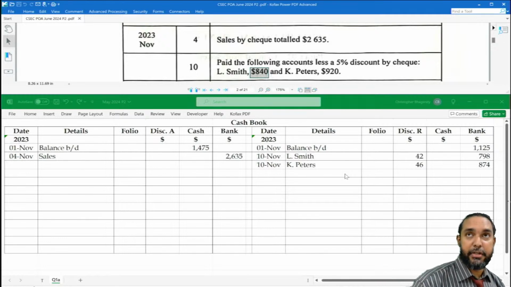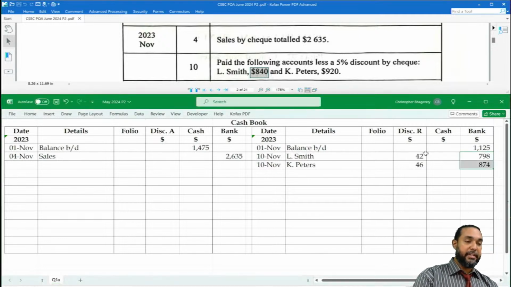Miguel, you okay how to calculate discount? After you calculate discount, you subtract it from the 840. 840 minus 42 is 798, and that's the actual amount you pay. And the actual amount you pay has to go under the bank column in this case. Same with K. Peters, you find 5% of 920, that turns out to be 46, and you subtract 46 from 920 to get the actual amount paid.